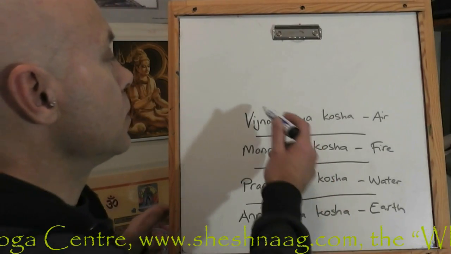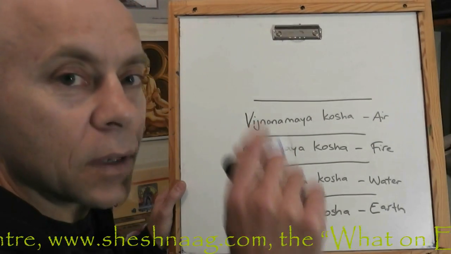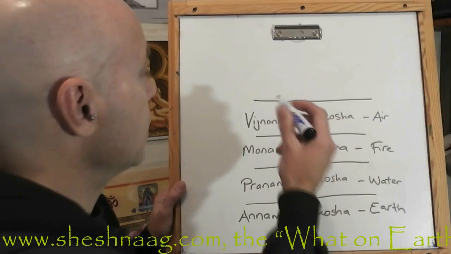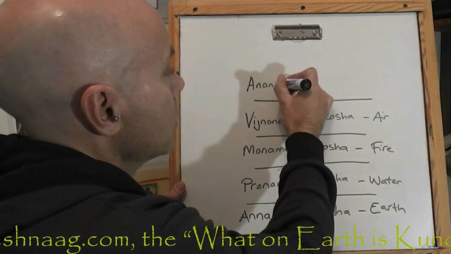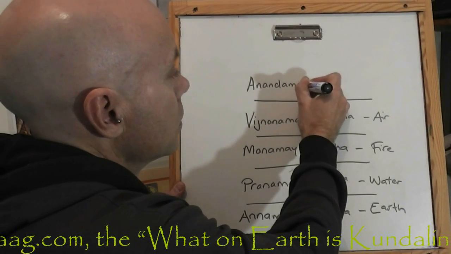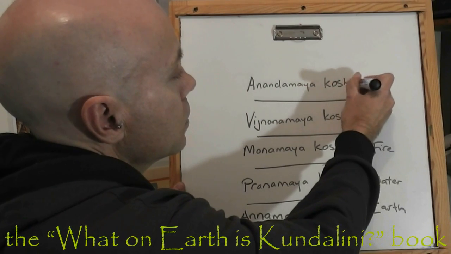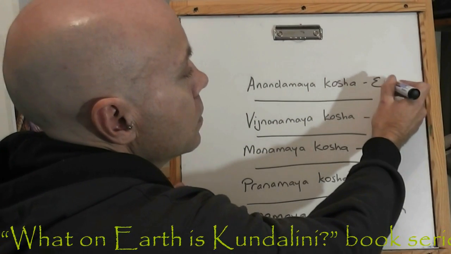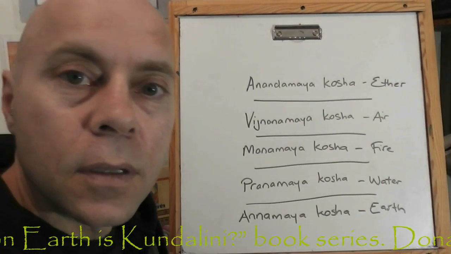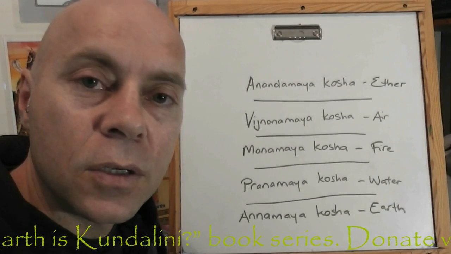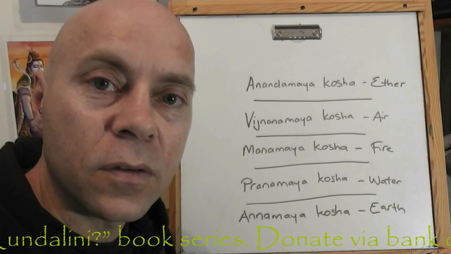One dimension alone. Oh my God. Om Namah Shivaya. This is called the Anandamaya Kosha. The Anandamaya Kosha is the dimension that is non-dual. It is known as the experience of bliss.